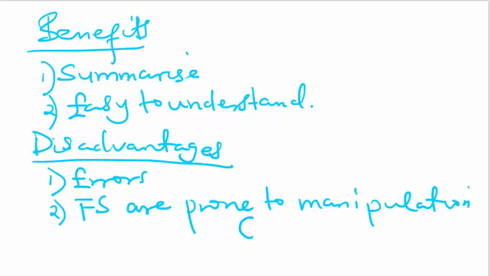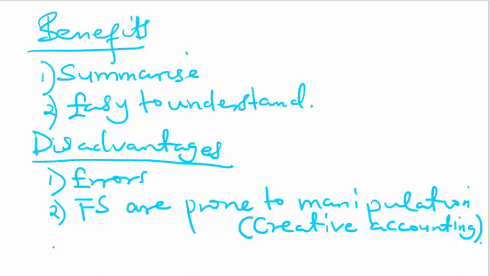Accountants might pass fake figures in financial statements just to show a picture that would be favorable to them, and these manipulations might not appear in the ratios, so you might not be able to see issues.